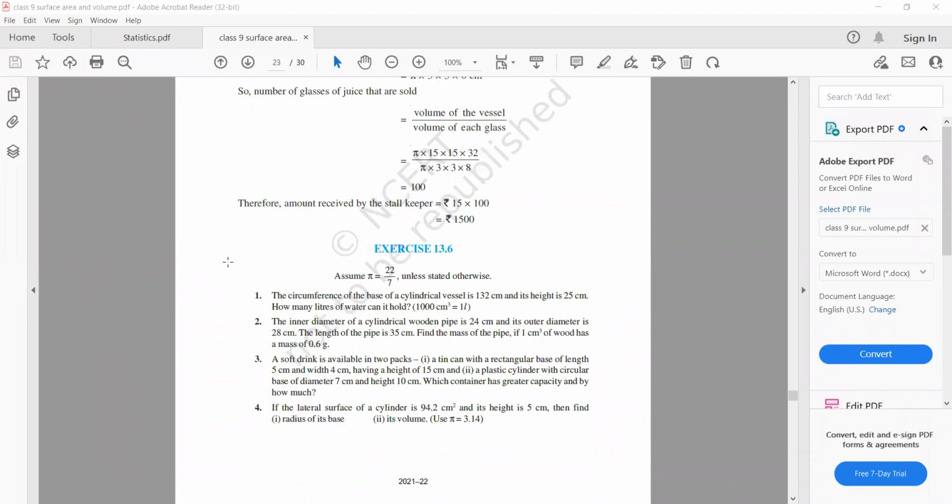Okay. Now volume of cylinder. This is pi r square into h, right? Okay. So this is pi. Now your radius is this, 132 divided by 2 pi, whole square, into h. Is that clear?